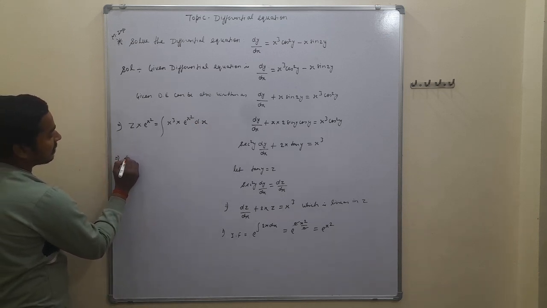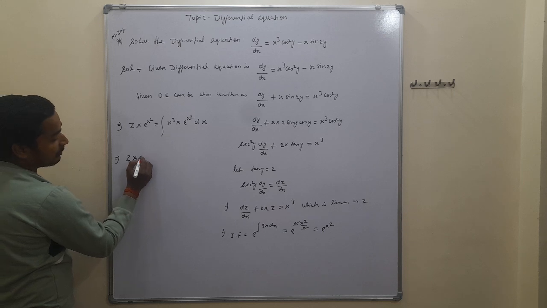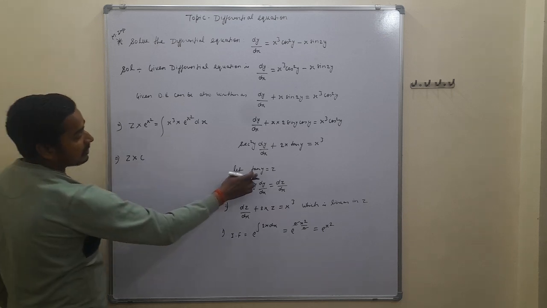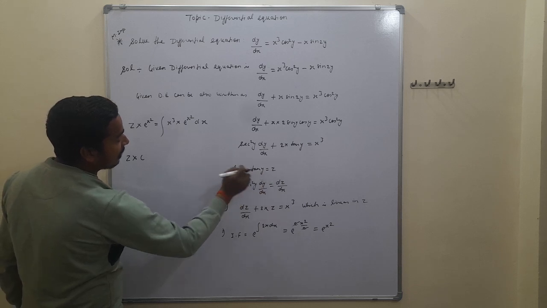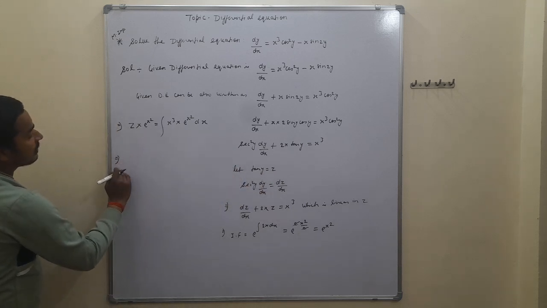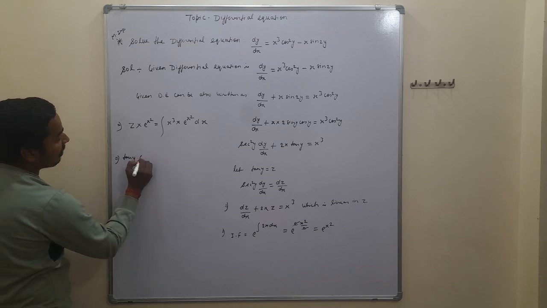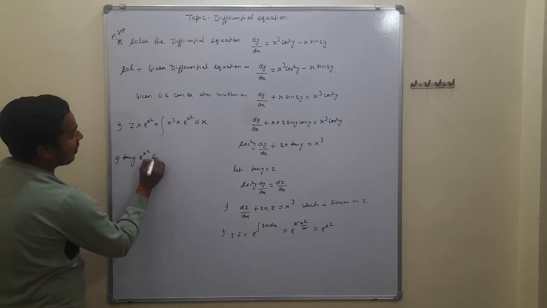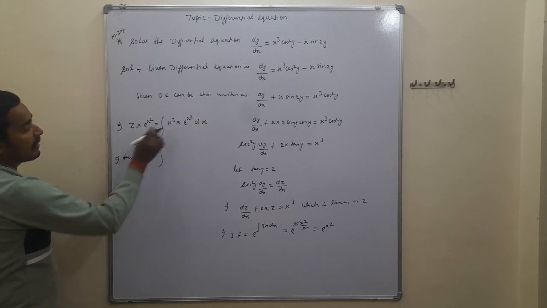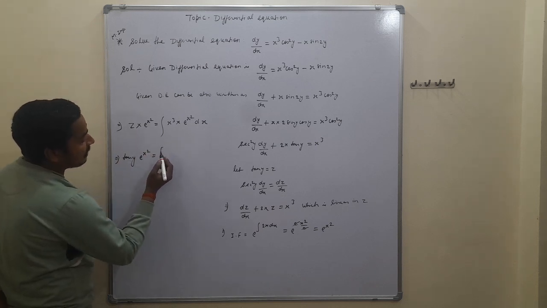This is written as z into e to the power of x square. We can also put here in place of z, tan y. So in place of z this is tan y, and e to the power of x square is equal to the integral, where we have to modify by multiplying and dividing with 2.